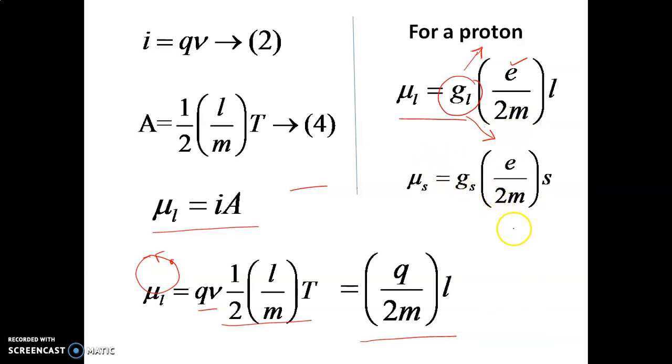Then it was seen that when the dipole moment of the proton was measured, there was also a contribution from its spinning motion. We know that the proton spins around its own axis, so this also arises.